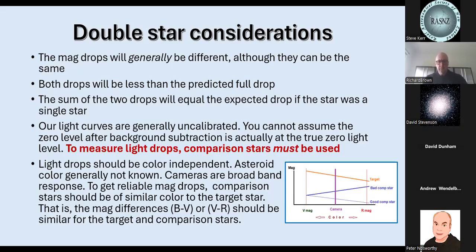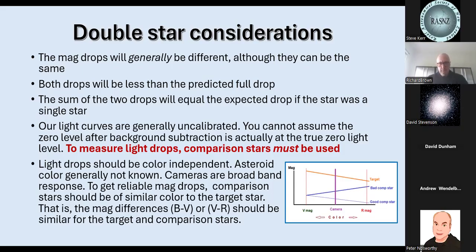Our light curves that we measure are generally uncalibrated. We just do an aperture, a background subtraction, subtract one from the other. And when people think, oh, the zero light level on there is a true zero. Well, if you're lucky, it is. If you're reasonably lucky, it's approximately about right. If you're unlucky, it's nowhere near zero.